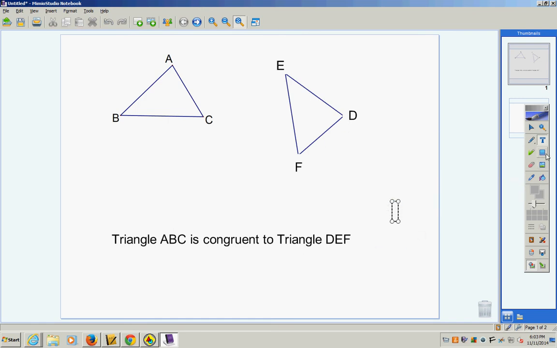Well, there's 5 ways. First one, and I'm going to use a different color, is called side, side, side. Okay, so if I show AB is congruent to DE, BC is congruent to EF, and AC is congruent to DF, those are congruent by side, side, side.